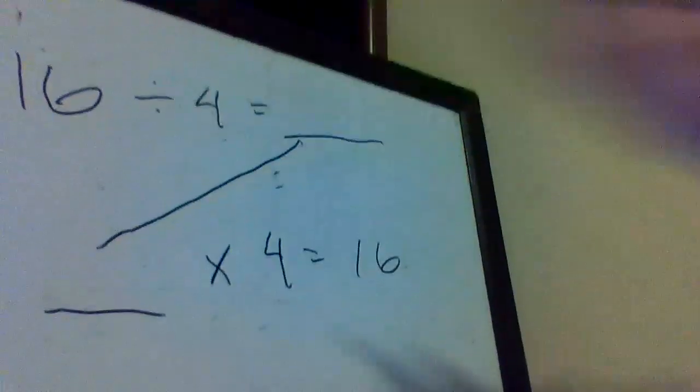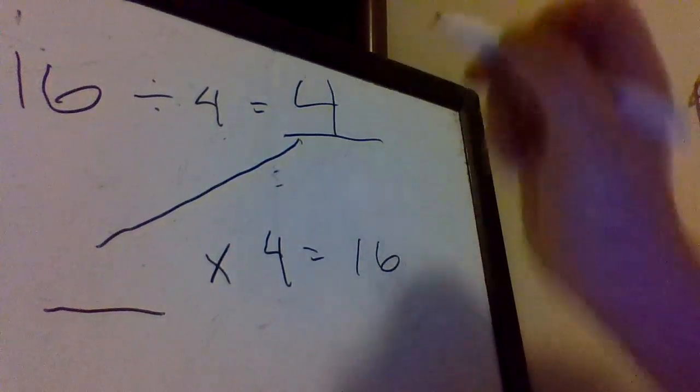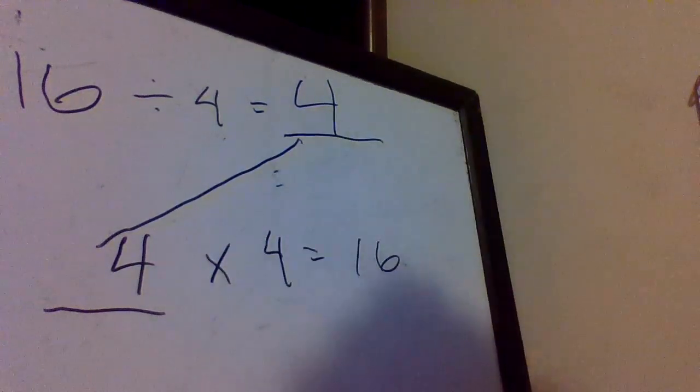So, since we have 4 in each group, 1, 2, 3, 4, that means the answer to our problem, 16 divided by 4, is 4. Or 4 times 4 is 16, which I'm sure many of you already knew.